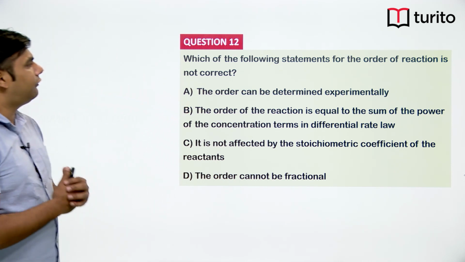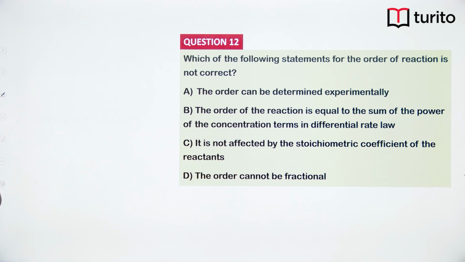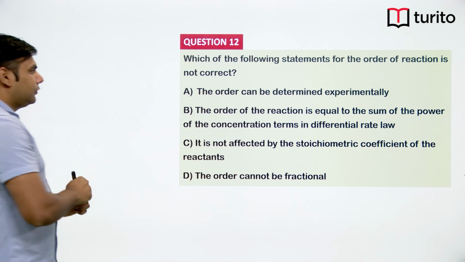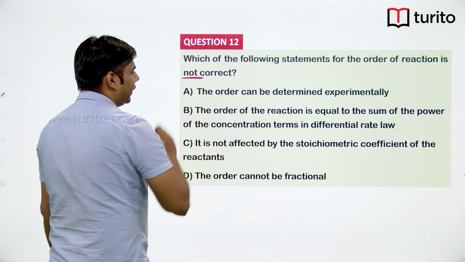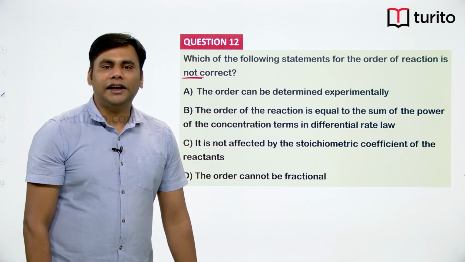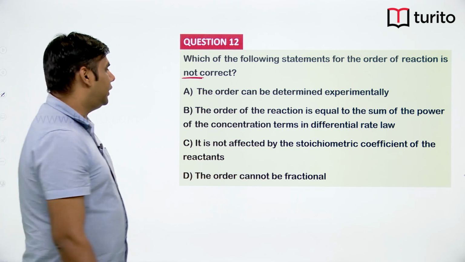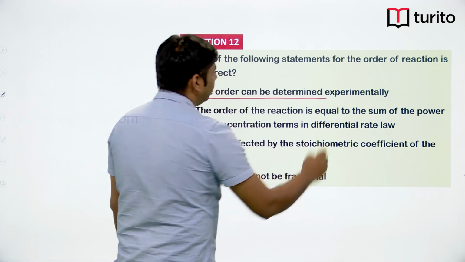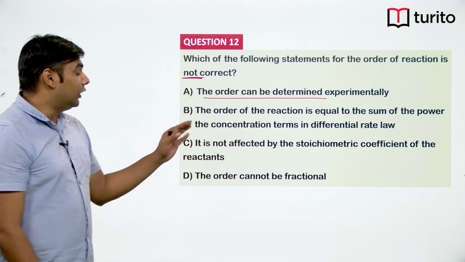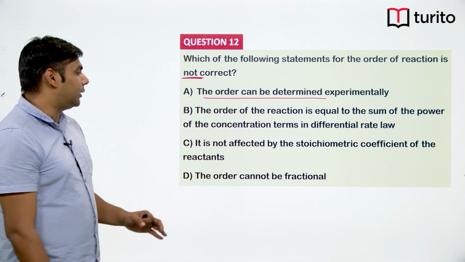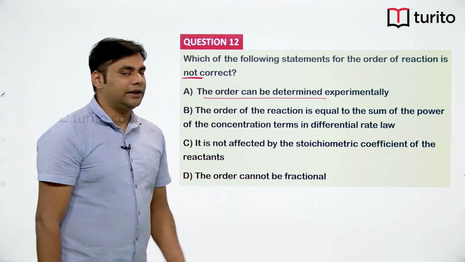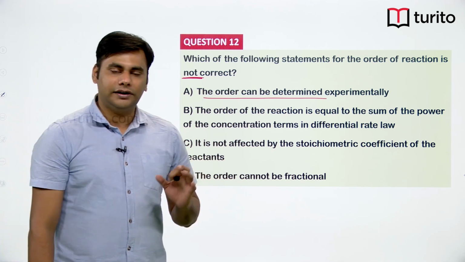There is one question: which of the following statements for the order of reaction is not correct. Order can be determined experimentally. True or false? It is true, order can be determined through experiments only, so this is not an incorrect statement. The order of the reaction is equal to the sum of the powers of the concentration terms in the differential rate law. This is again true.